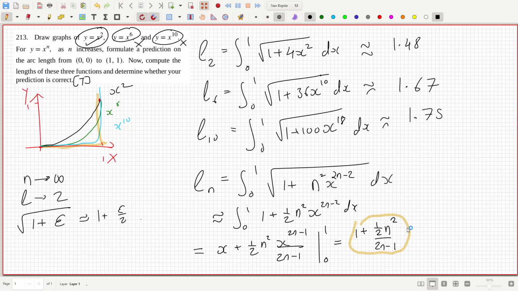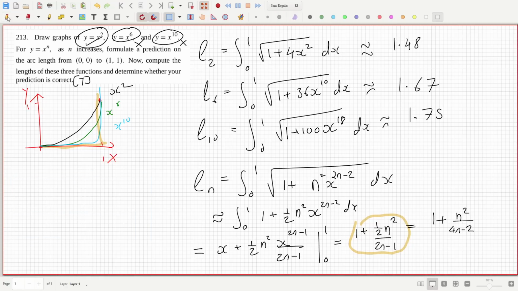Okay, let me clean that up a little bit. Multiply above and below by 2, so that's 1 plus n squared over 4n minus 2. I'm running out of space. Let me move this a bit. Or let me get rid of that there for a moment. Okay, so I'll just continue over here.